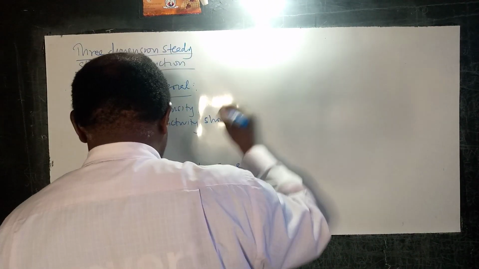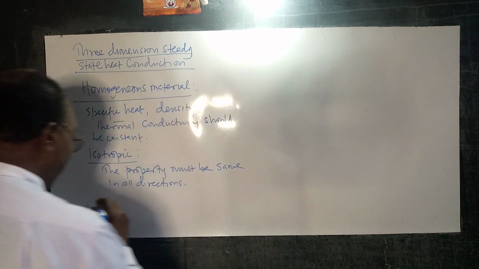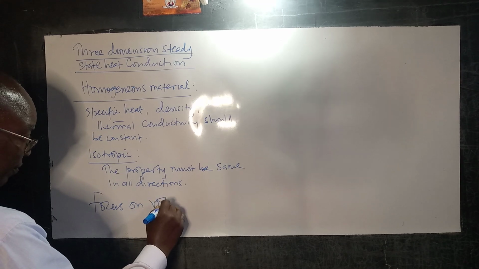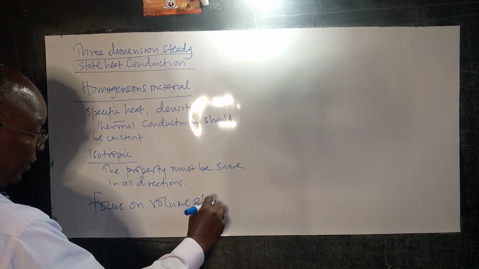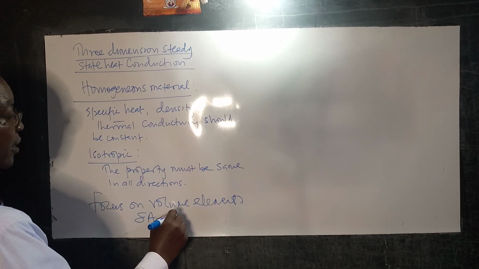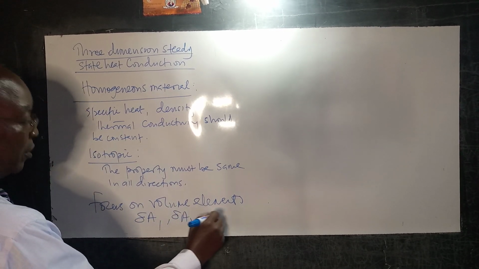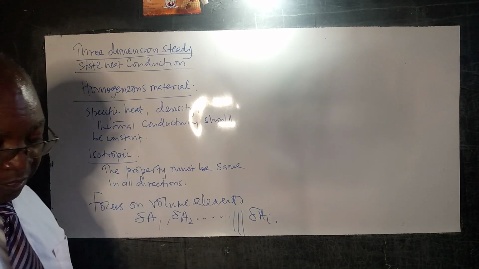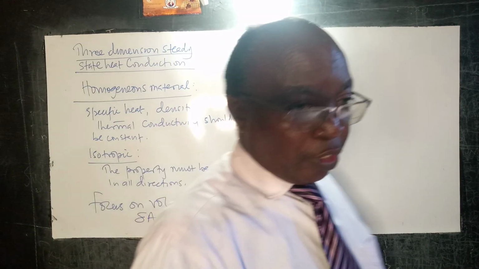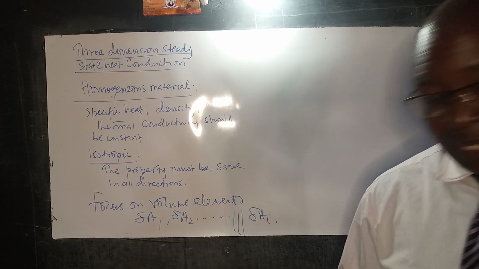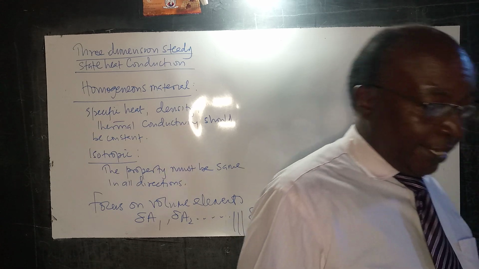Let us focus on volume elements. We can call them sigma A1, sigma A2, or basically sigma AI, where A is area. So we are talking about elemental areas.